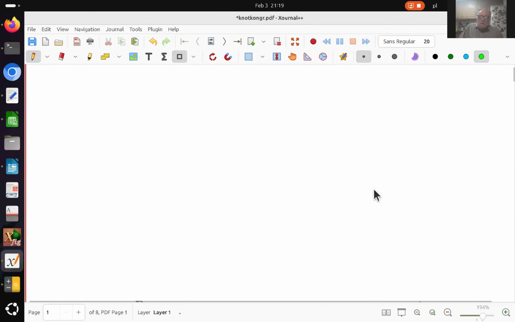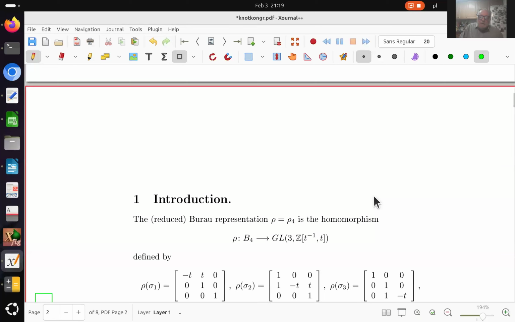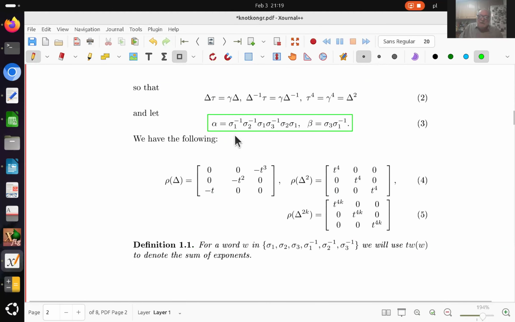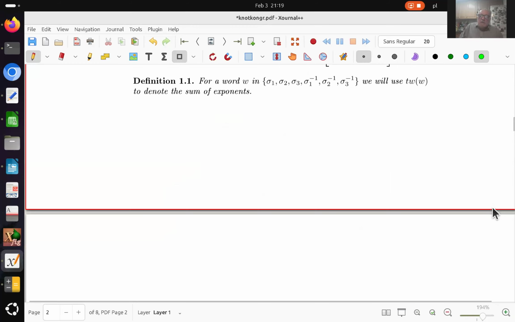When you look at alpha and beta as originally defined, they have a nice property that the sum of exponents of the standard generators is equal to 0. Here is -1, -1, -1, 1, 1, 1, and here is 1 and -1.